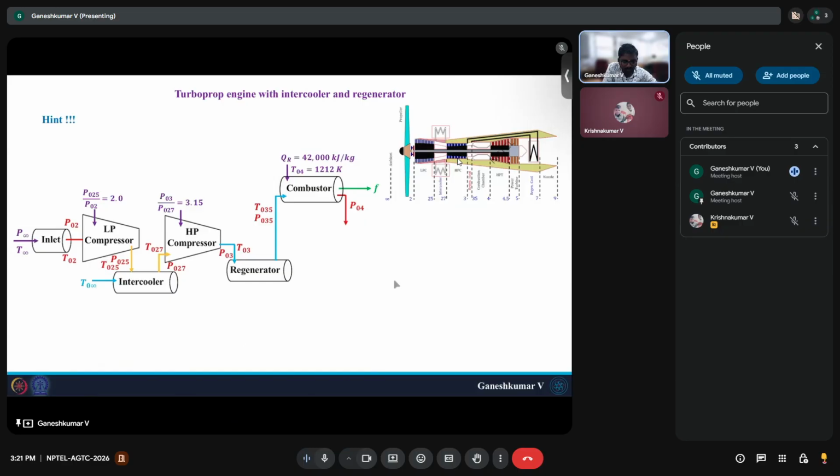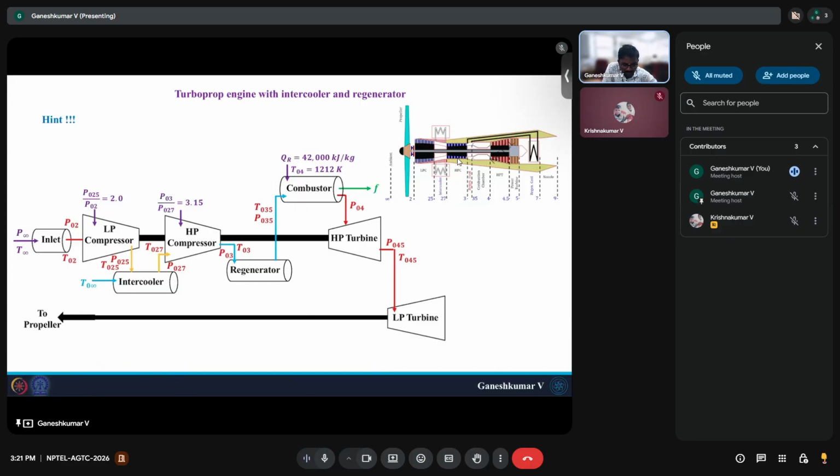The TT4 is 1212 Kelvin, and from the combustor you have the HP turbine which runs the HP compressor, and also the LP compressor, and then you have the LP turbine which is going to run the propeller directly.